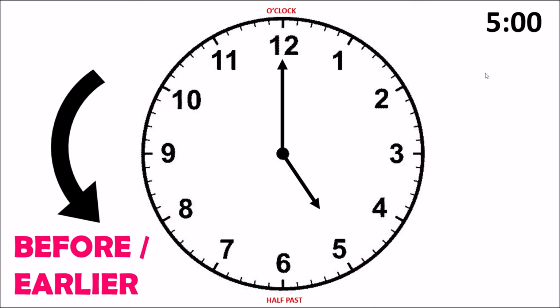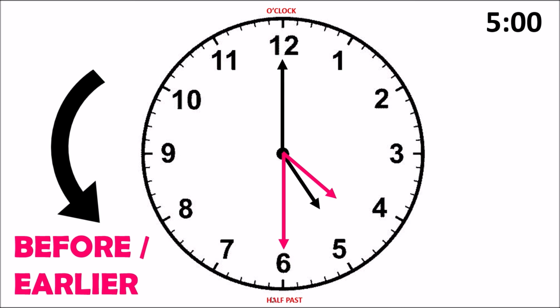Okay, what time is it now? It's 5 o'clock. But what happens if I move the minute hand 30 minutes back to the 6? So now it's not at o'clock, it moved back to the 6.